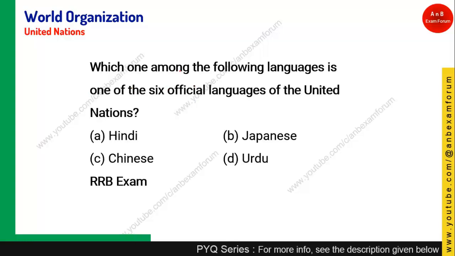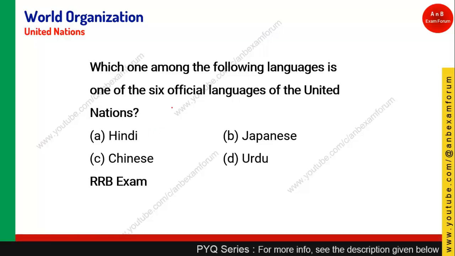Coming to the next: which of the following languages is one of the 6 official languages of the United Nations? There are 6 official languages, and you should remember Hindi is not an official language, Japanese is not, Urdu is not.